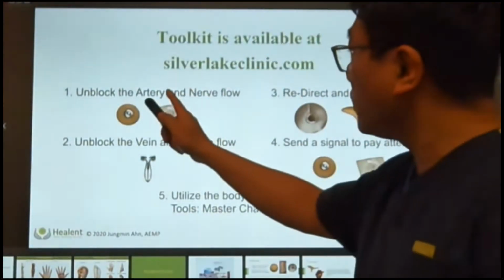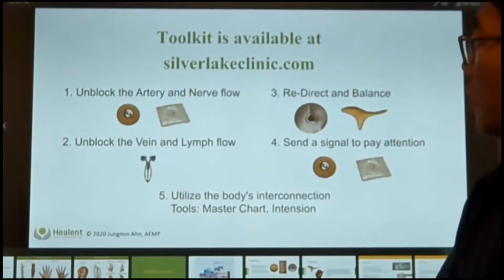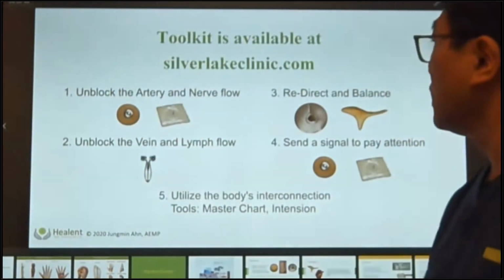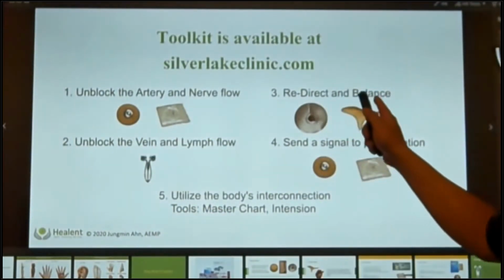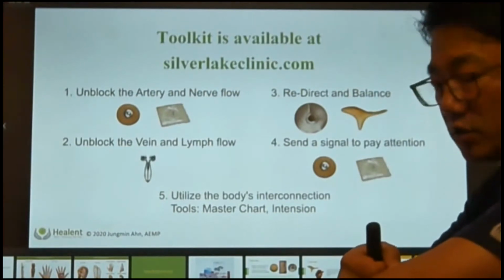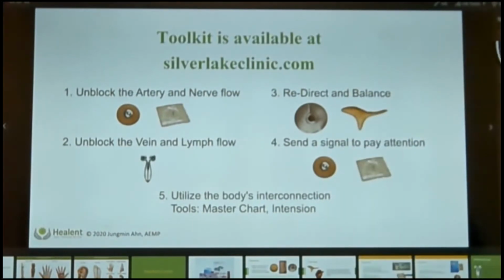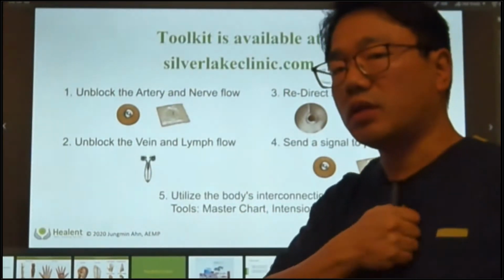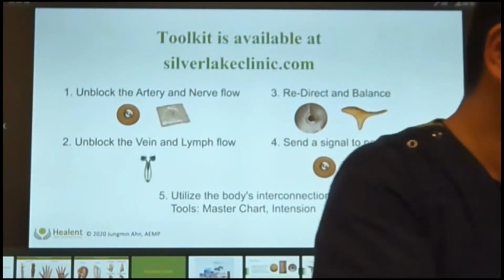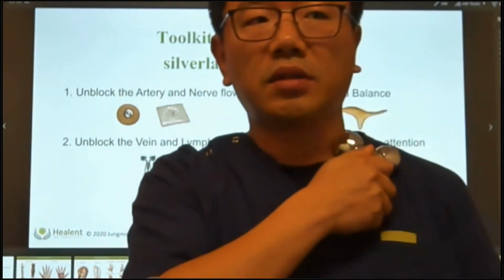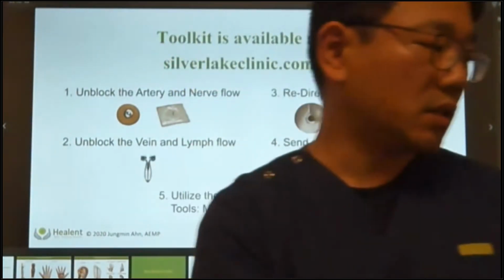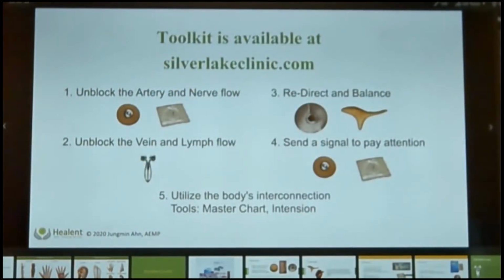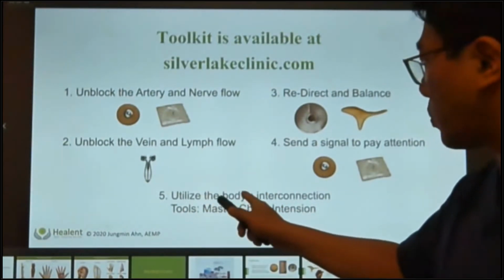So to unblock the arterial nerve flow, you can use this one, and then to redirect, you can use the pressure and T pressure and then O pressure. To increase the vein and lymph flow, you can use this rolling massager, and you utilize the body interconnection.